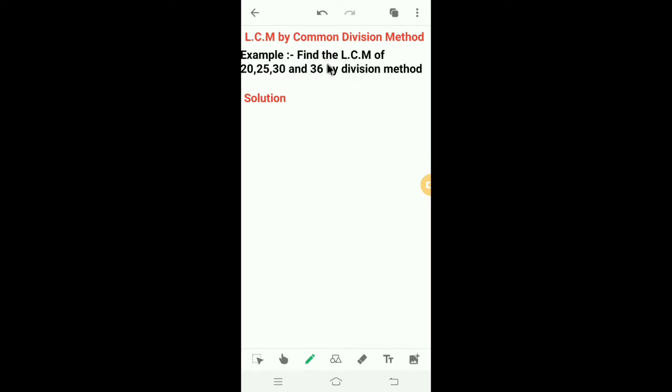Your first example is: find the LCM of 20, 25, 30 and 36 by division method.